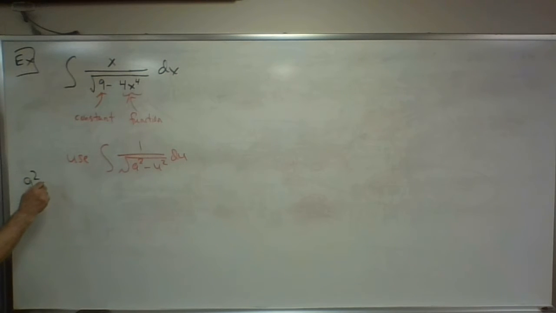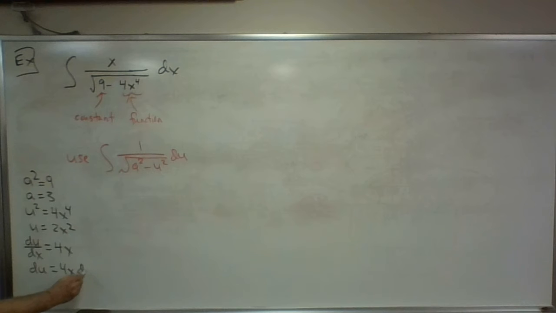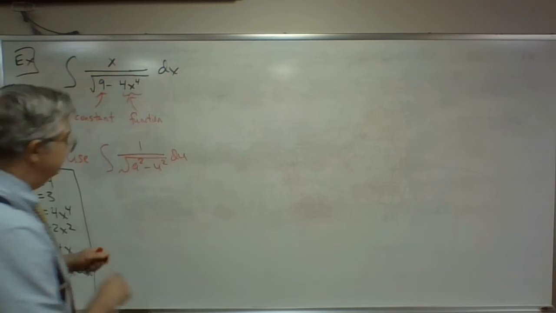A squared is going to be 9. A is going to be 3. And let's see, u squared is going to be 4x to the 4th. U is going to be 2x squared. du dx is going to be 4x. du will be 4x dx. And let's see how this matches up.